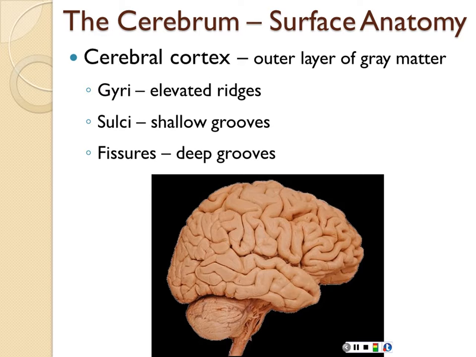So the sulci are the creases between the ridges or elevations of tissue, and the gyri are the ridges or elevations of the cerebral tissue. Fissures are like sulci, except they're a little bit deeper, so they're deeper grooves. Again, gyri is plural for what? Gyrus.